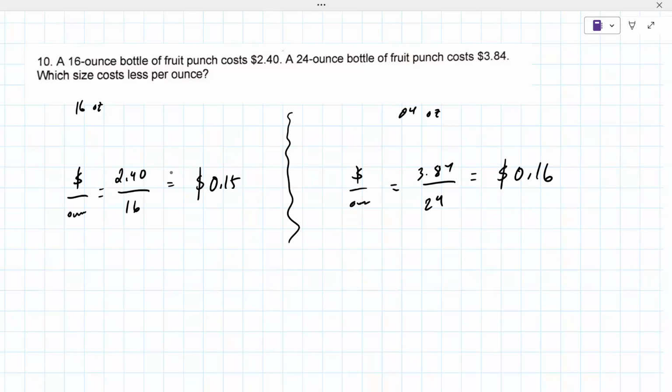So would you just do 16 cents? We want the one that's less per ounce.